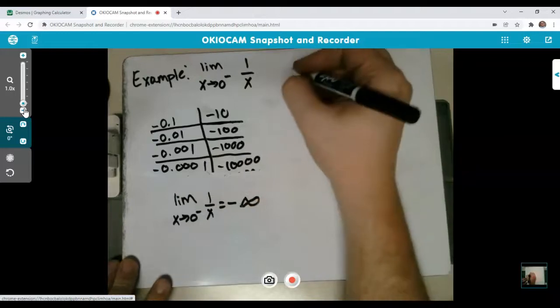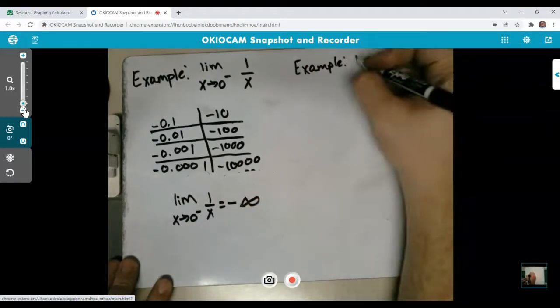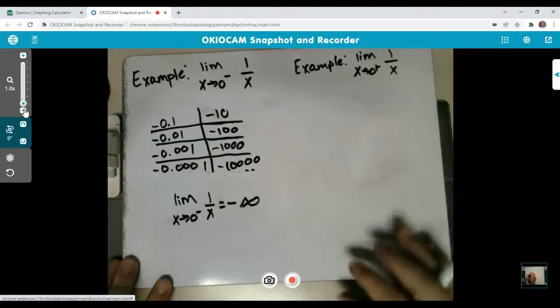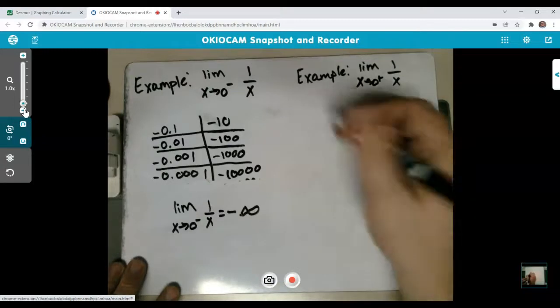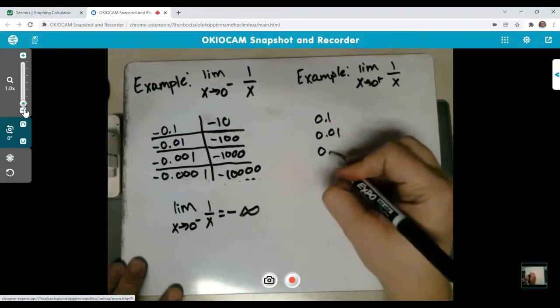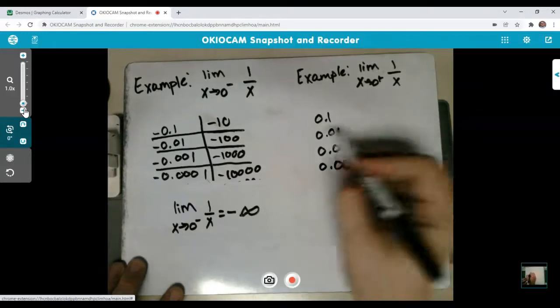Another example I want to do, let's do it from the right-hand side. Then points I could use, again, would be 0.1, 0.01, 0.001, 0.0001.